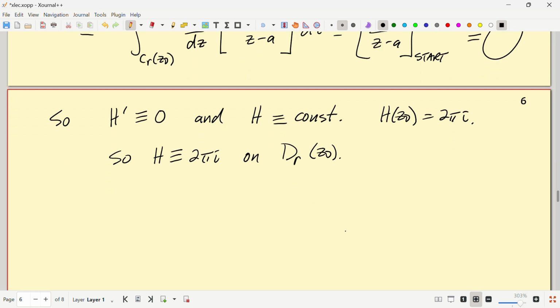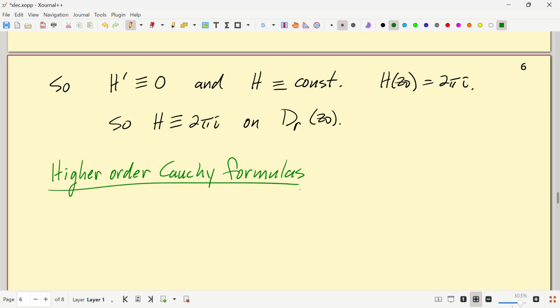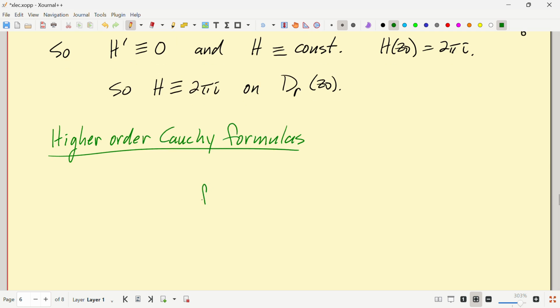If you do that problem number 1 trick multiple times, you get higher order Cauchy integral formulas. We have f of a equals 1 over 2 pi i, integral around the circle of f of z over z minus a dz.